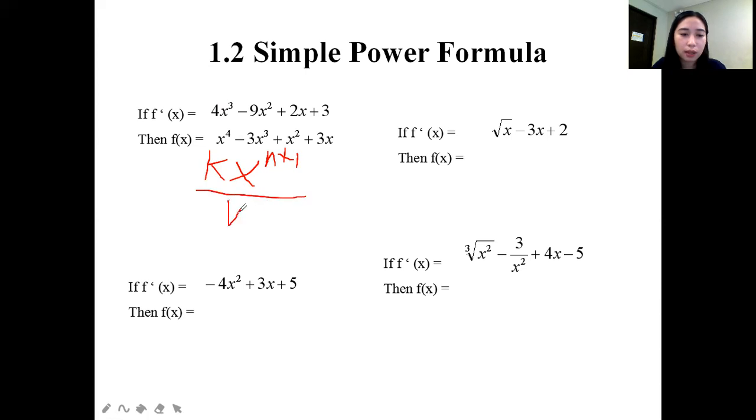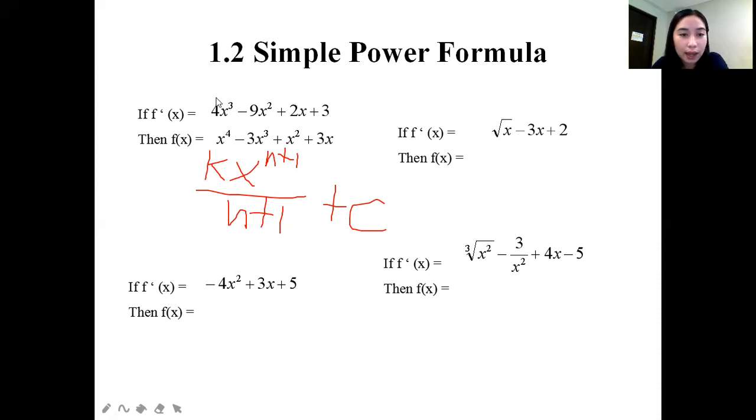Ini siya nga general solution for the power formula, plus C. Dili na nato kalimtan si plus C. So, dumdumon nato ni ang general solution for the power formula.